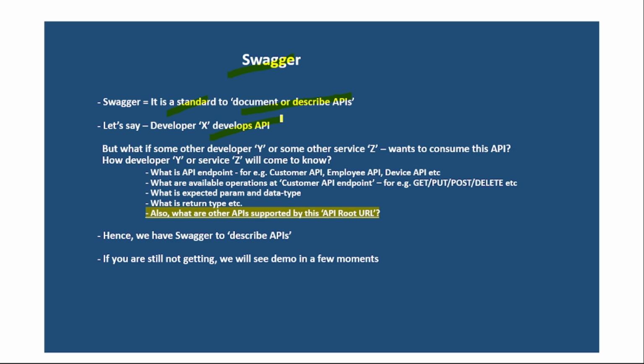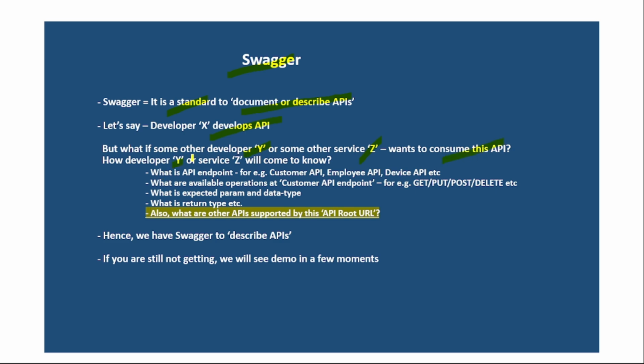So obviously if developer X himself calls or consumes that API, then that's fine, because developer X already knows what's the endpoint, what are the operations supported by the endpoint, what are the parameters, what are the return types, etc. But what if some other developer, let's say Y, or some other service, let's say Z, wants to consume this API?